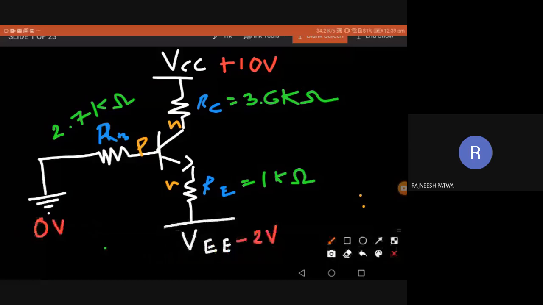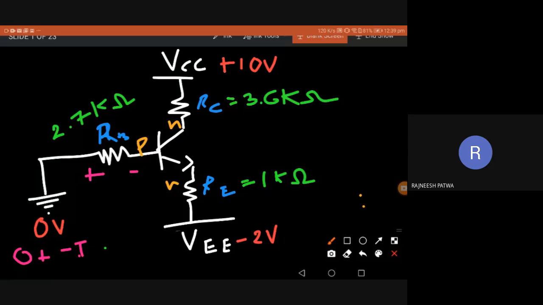Okay, so first I have a base circuit, 0 volt. So I'll write the Kirchhoff law in the base part. I'll write 0 volt plus, again the current is flowing, so this is plus and this is minus. So minus IB RB, right?